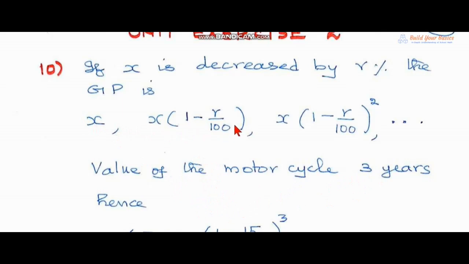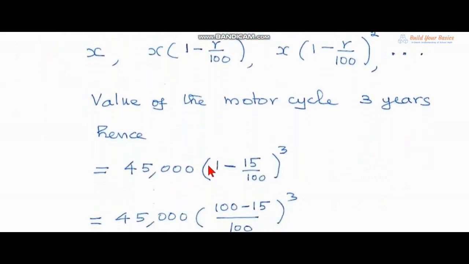After 5 years means X into 1 minus R by 100 whole power 5. Now we want to find the value of the motorcycle after 3 years, so X into 1 minus R by 100 whole power 3.